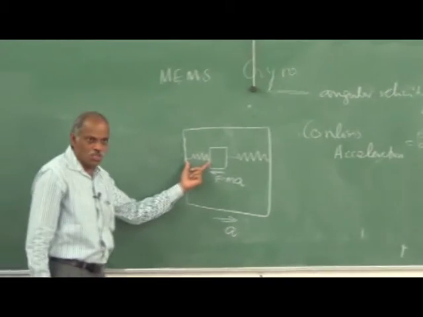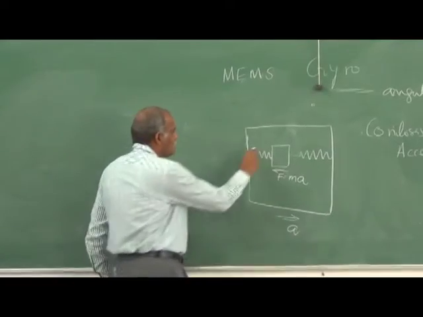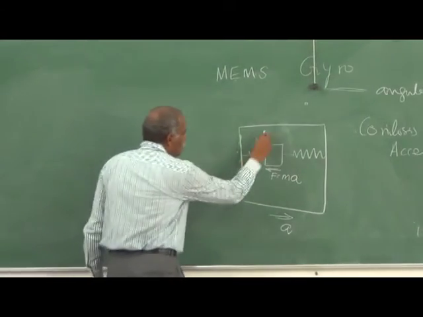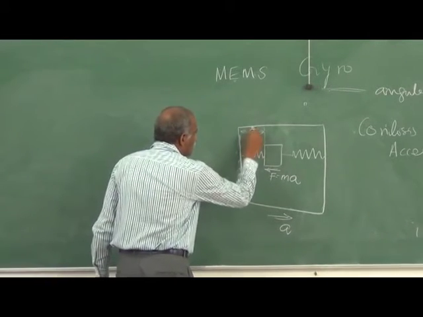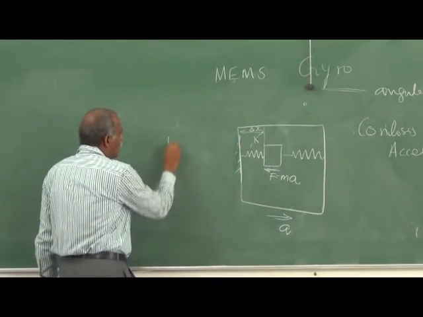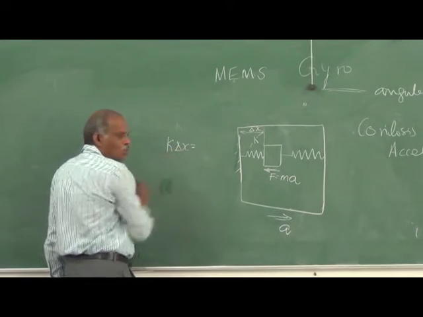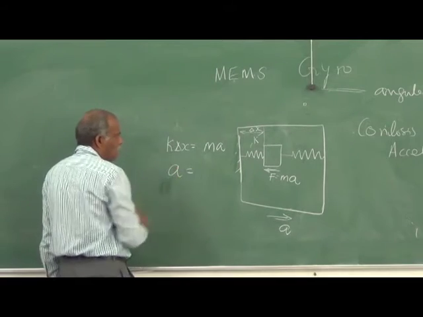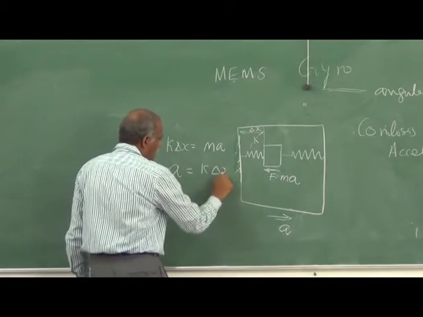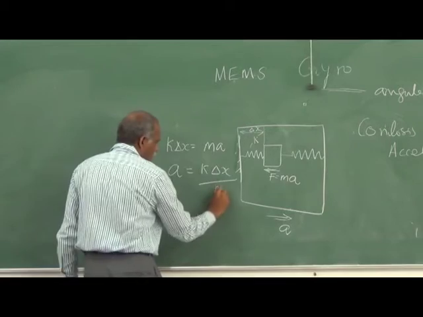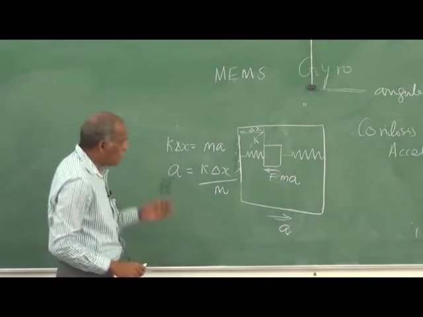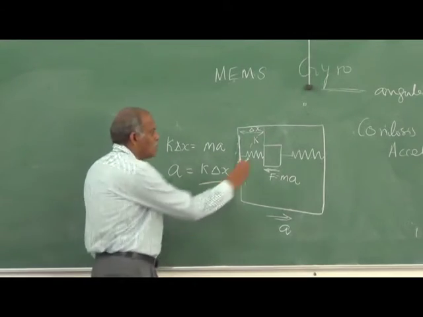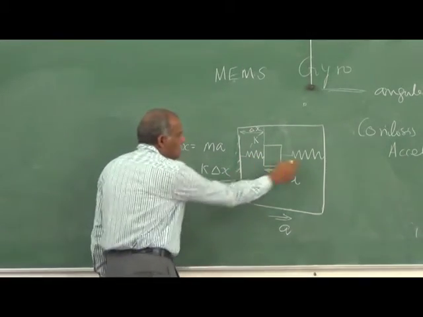Suppose you have the spring stiffness. The spring stiffness is say K, and if you measure this deflection delta x, K into delta x is a force that is equal to M into A. So therefore the acceleration is related to K delta x divided by M. So if we want to measure the acceleration, I think of a mass and there is a spring.